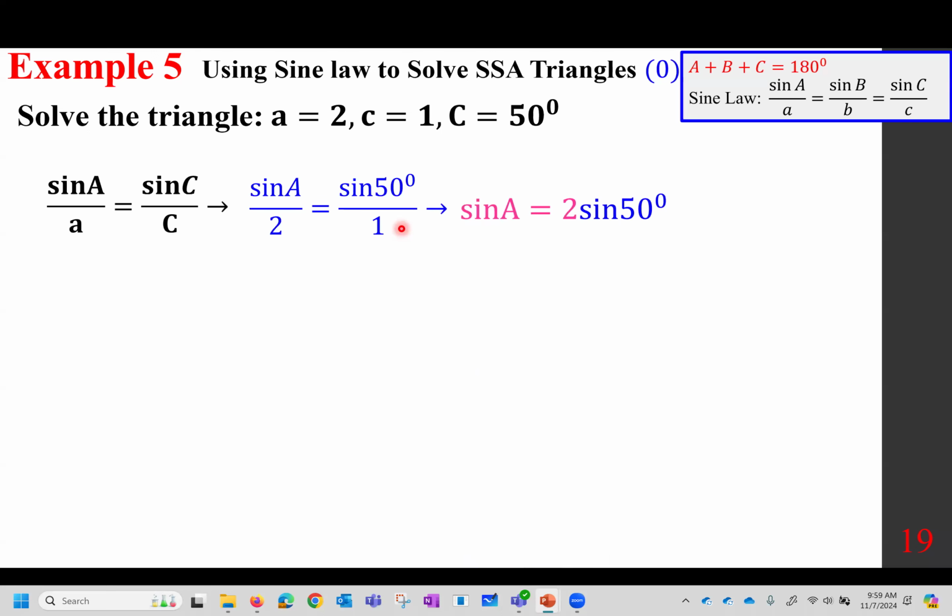When you put this into a calculator, it gives you a number larger than 1. No triangle, no solutions.